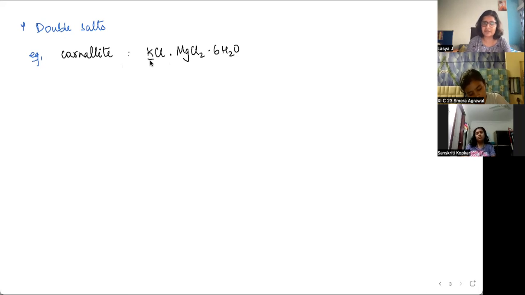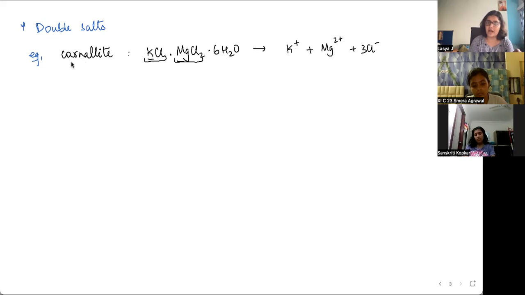You have potassium ions, magnesium ions, and chloride ions all present in the same structure. So when you mix this in water, all of them are going to ionize. You get potassium ions, magnesium ions, and chloride ions, in this particular case 3 chloride ions. Because you have 2 different compounds present in the same crystal structure, carnallite comes under a double salt.